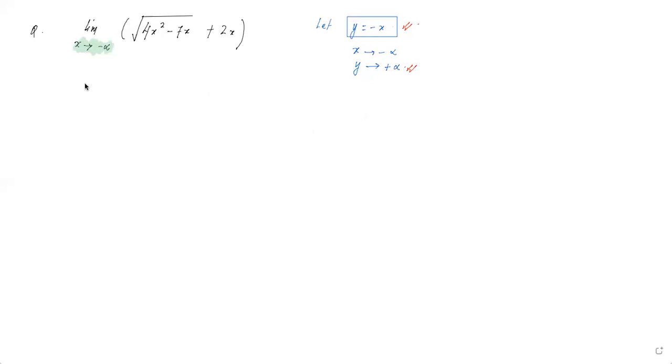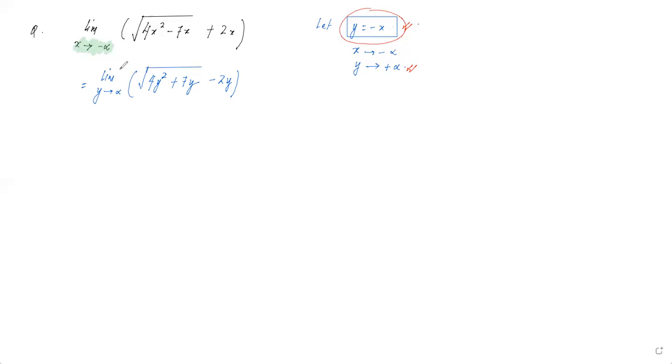As in, the very next step becomes what? Limit y tends to infinity, this is square root of 4x square. So when we square, we get y square only. Now minus 7x will now become plus 7y, and plus 2x will now become minus 2y because of this substitution, y equals to minus x.